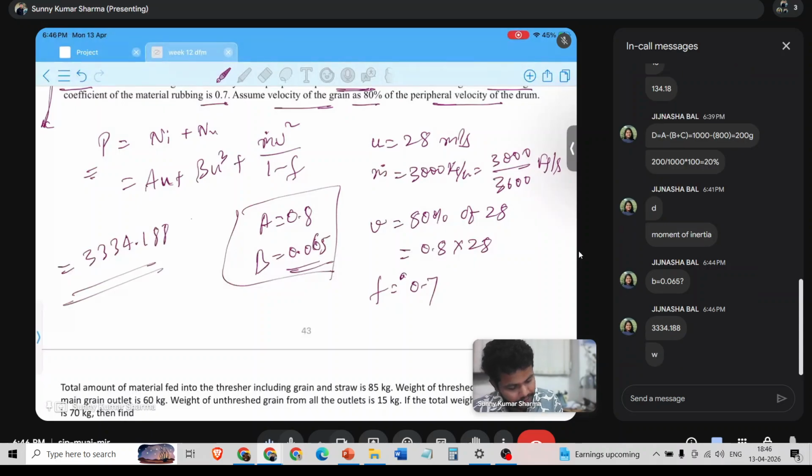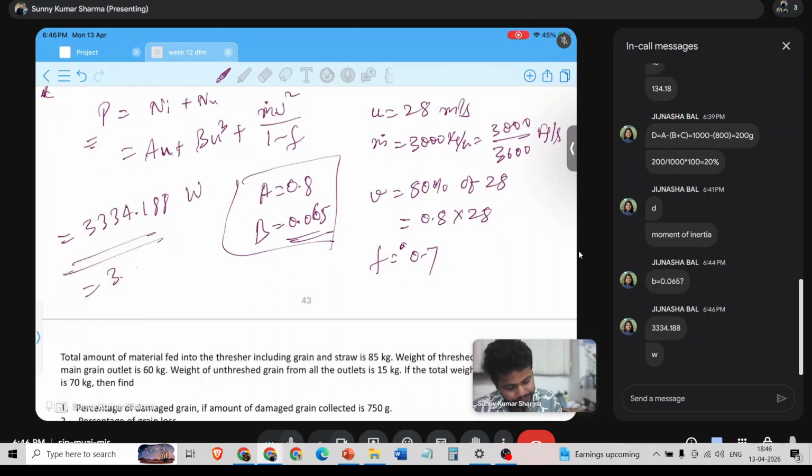So yes, this is in watt, I think. So in kilowatt we can write it as 3.3 kilowatt is the power requirement.